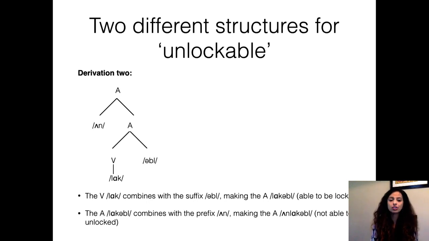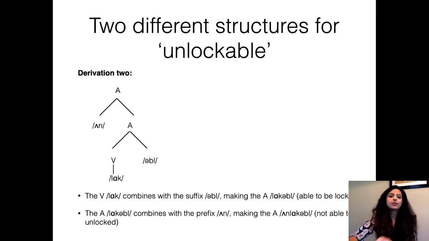With the second derivation, you can see you start with the verb again, but you put things onto the right-hand side because it's a suffix, so that's able. And then what you get is an adjective, and what un is looking for to attach is an adjective, and therefore you get unlockable. And you can do this because there are two different uns, like we saw before, with respect to the homophonous morphemes, right?